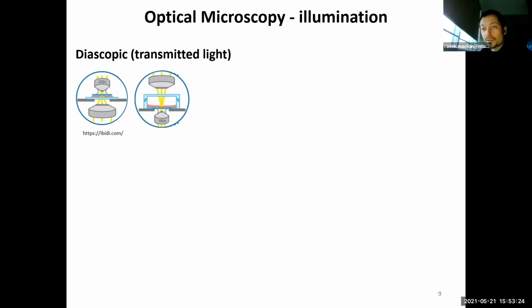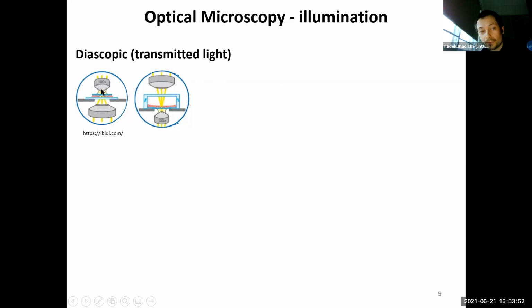Then there are different modes of illumination in optical microscopy. One is called diascopic illumination, or transmitted light illumination, which I think explains quite well what it is. We are shining light through the sample from one side and looking at what comes out on the other side.